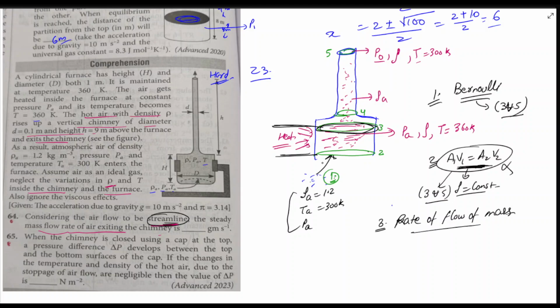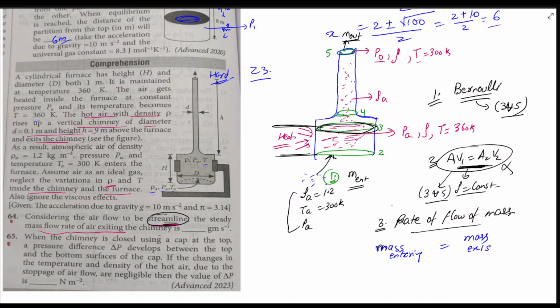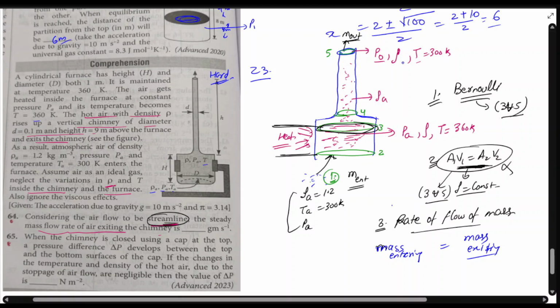The mass entering this furnace, let's say M ent, must be equal to the mass exiting the furnace. So we write here: mass entering the furnace equals mass exiting.